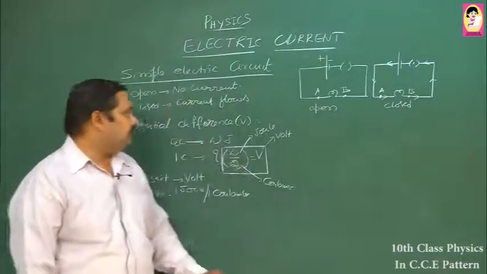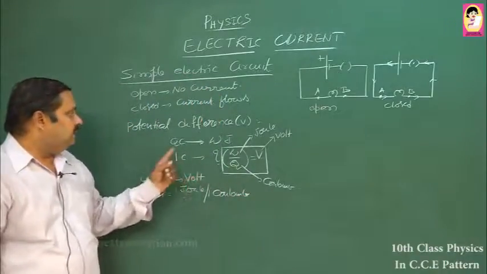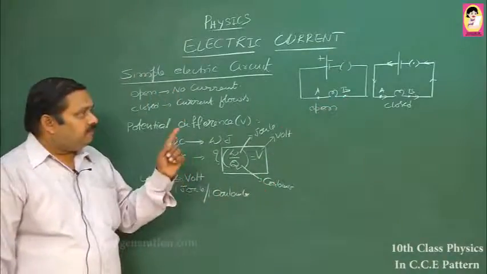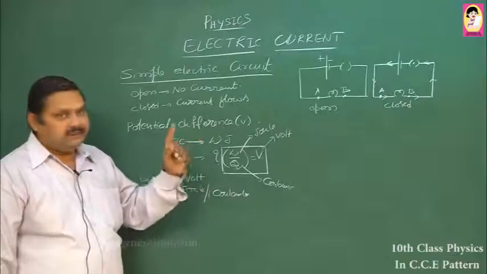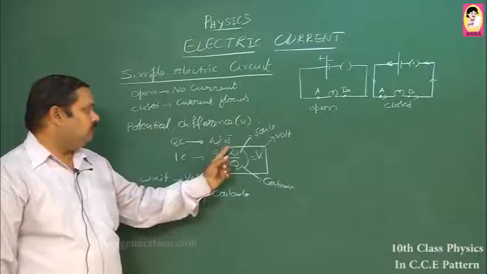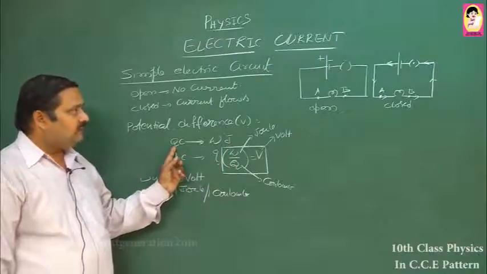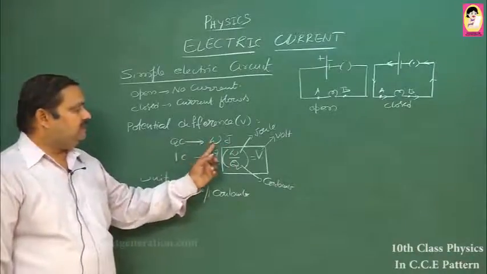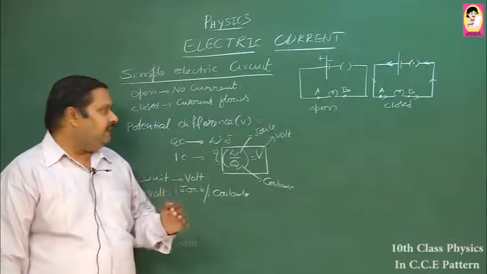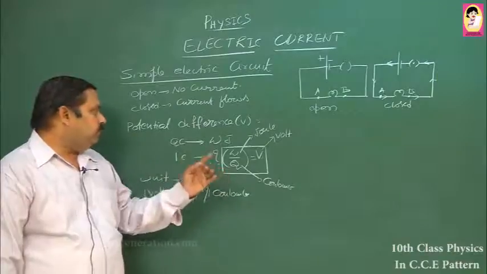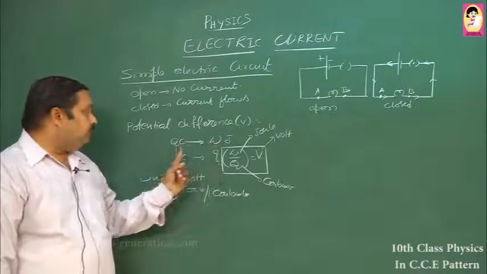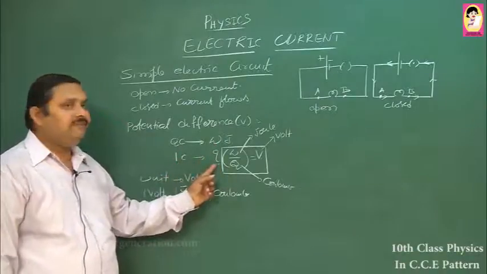Let us come to the explanation part. Here Q coulombs of charge is transferred from A to B along the circuit. For that the work done is W joule. Q is the amount of charge transferred from A to B, and W joules is the amount of work done to transfer the electrical charges from A to B. To transfer Q coulombs of charge, W is the work done, but to transfer 1 coulomb charge, how much will be the work done?